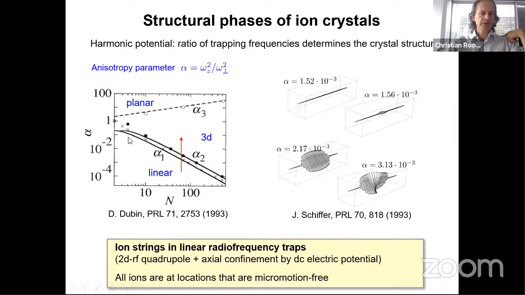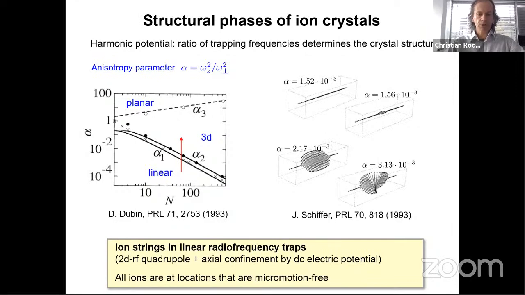And you can see in this diagram that the crystal configuration that is taken on depends both on this anisotropy parameter, but also on the number of ions that is trapped in the trap. So if you have an anisotropy parameter that is quite small, which means that there's one direction which is weakly confining compared to the other directions, then we have as a stable ground state configuration a linear ion crystal.